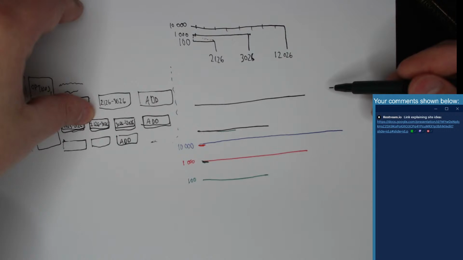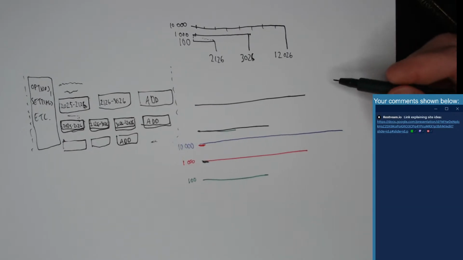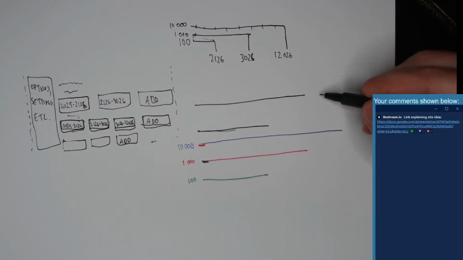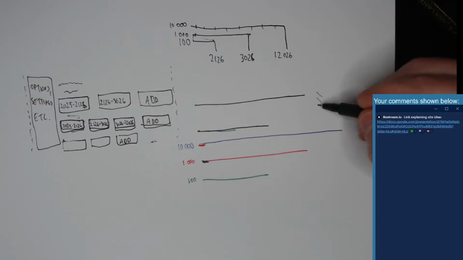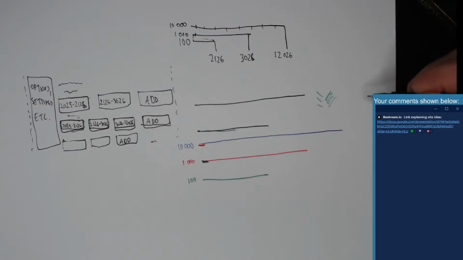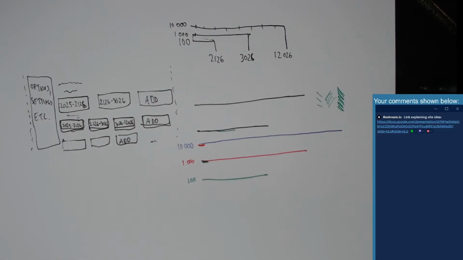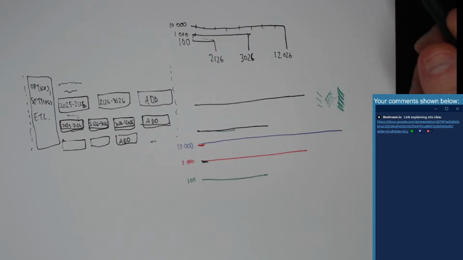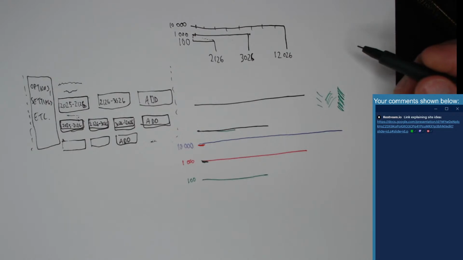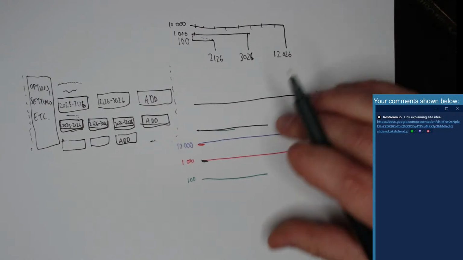So for example, the 10-year time scale is a lot less saturated, then the 100-year time scale, 1,000-year time scale, and then the 10,000-year time scale would be the most saturated, something like that.